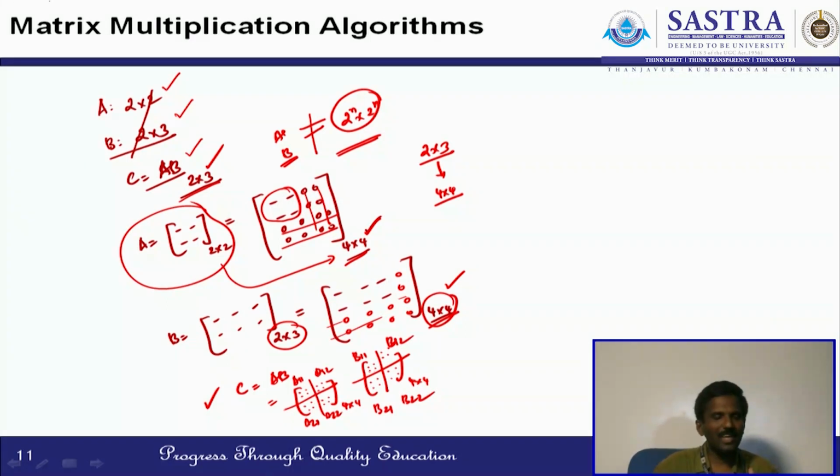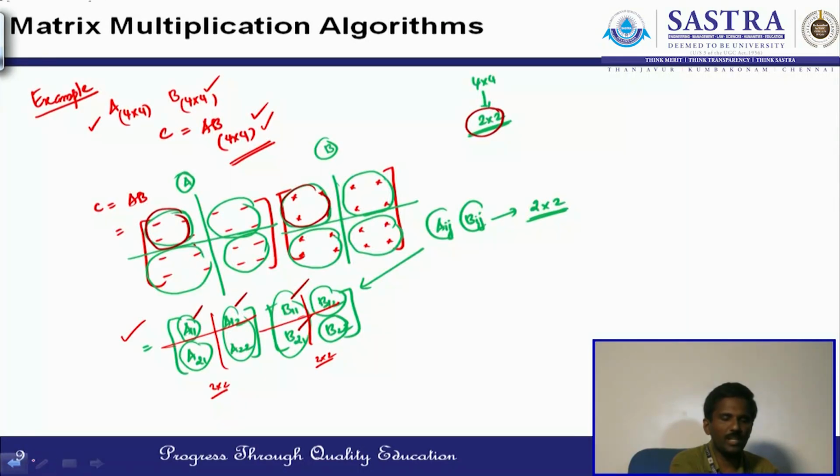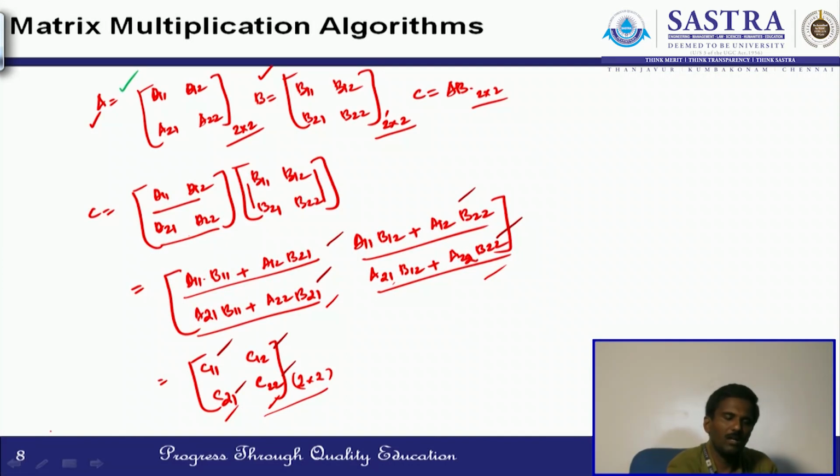Now if we take each Aij as a matrix of order 1 by 1, then we can write Cij as this representation: Cij is equal to A11, A12, A21, A22 into B11, B12, B21, B22 with these equations. So C11 is represented by this equation, C12 is this one, C21 is this one, C22 is this one.